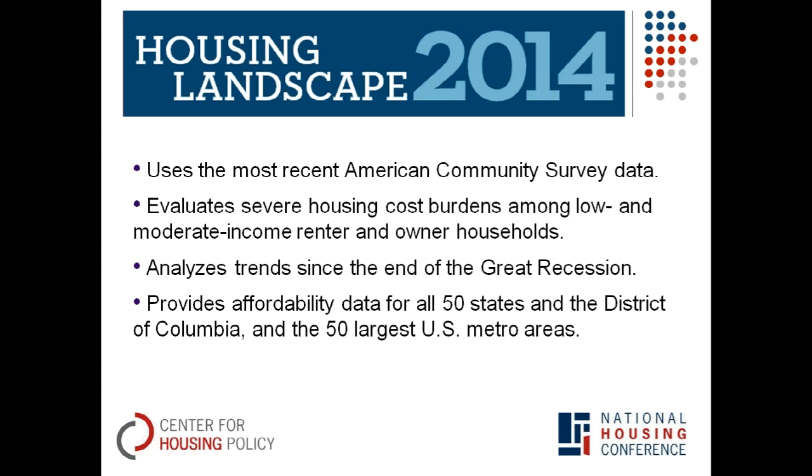And this often results in households having to cut back on other essentials like food, health care, child care, and transportation. The generally accepted standard of affordability is 30% of household income, to give you some context. So the households we're discussing in this report fell well outside this affordable range.